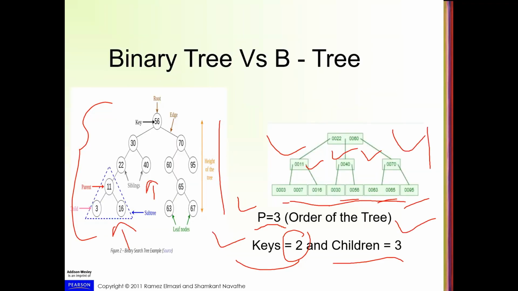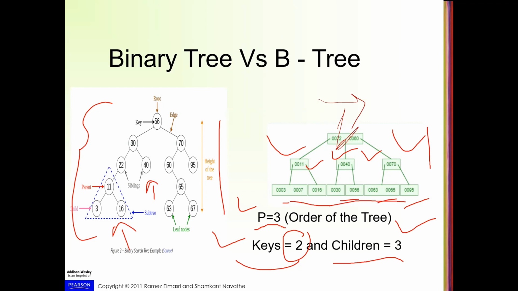Okay, so let me take a pen. Okay, the pen is here. So you see here, for example, there are 2 values given in the parent node, and they are in ascending order. 22 is less than 60.